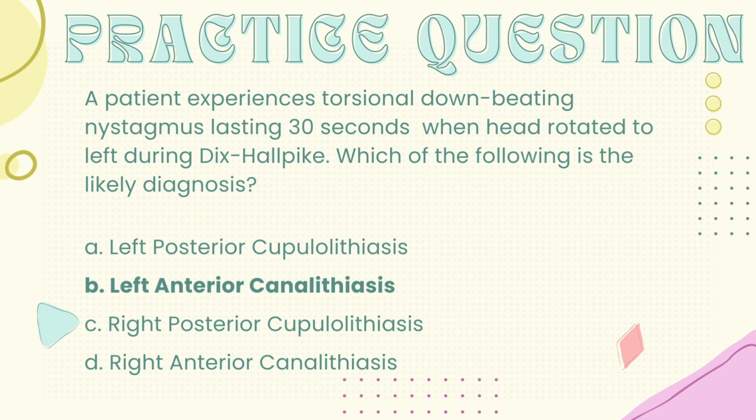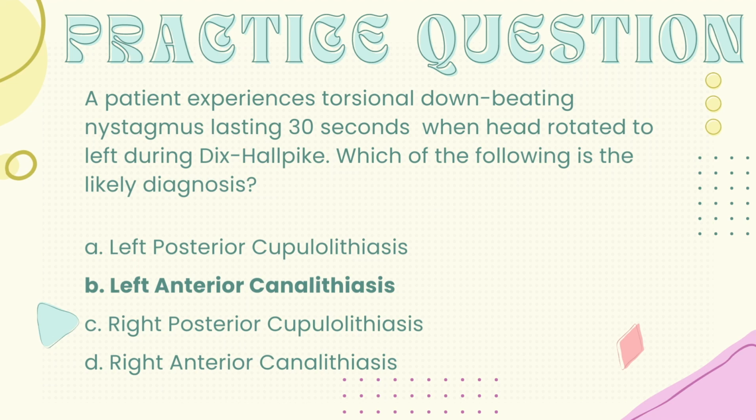And for D to be right, Dix-Hallpike would have to be to the right. They would have the downbeating, and they would have it less than 1 minute. So that was probably the closest, just knowing if the head is rotated to the left or to the right. But all these questions were great vestibular questions.